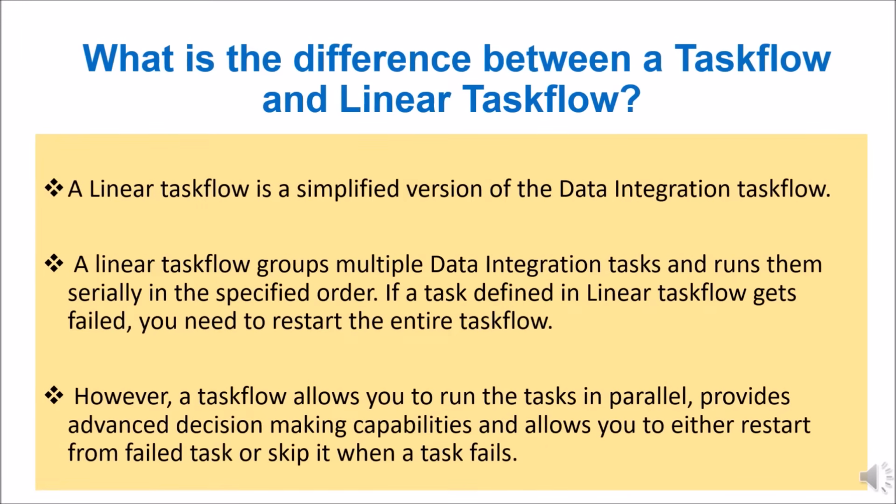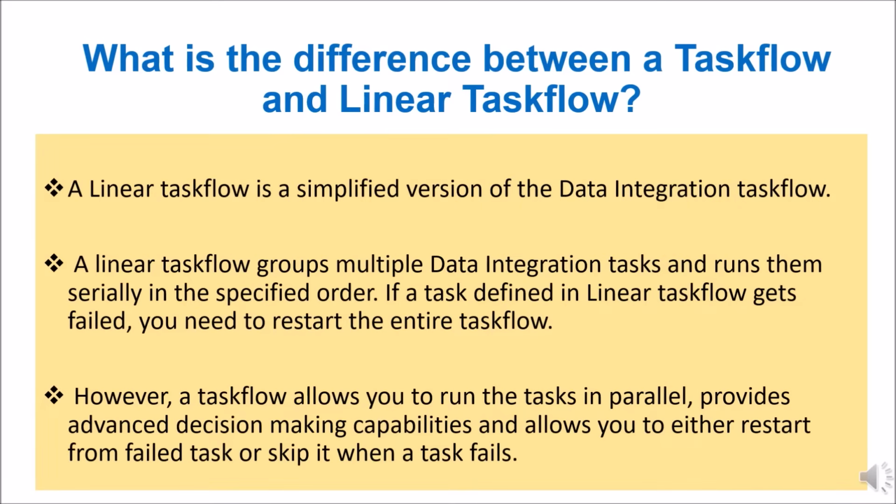What is the difference between a task flow and linear task flow in IICS? A linear task flow is a simplified version of the data integration task flow, and it groups multiple data integration tasks and runs them serially in the specified order. If a task defined in a linear task flow fails, you need to restart the entire task flow.